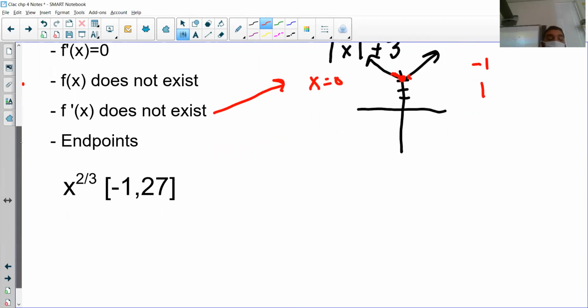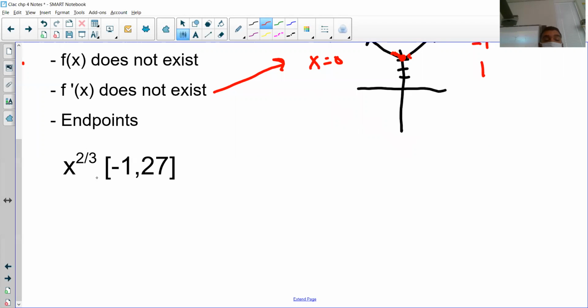Okay, so let's go through some problems. x to the 2/3 power, which, if you want to rewrite, is the cube root of x to the second power, to help you visualize this.